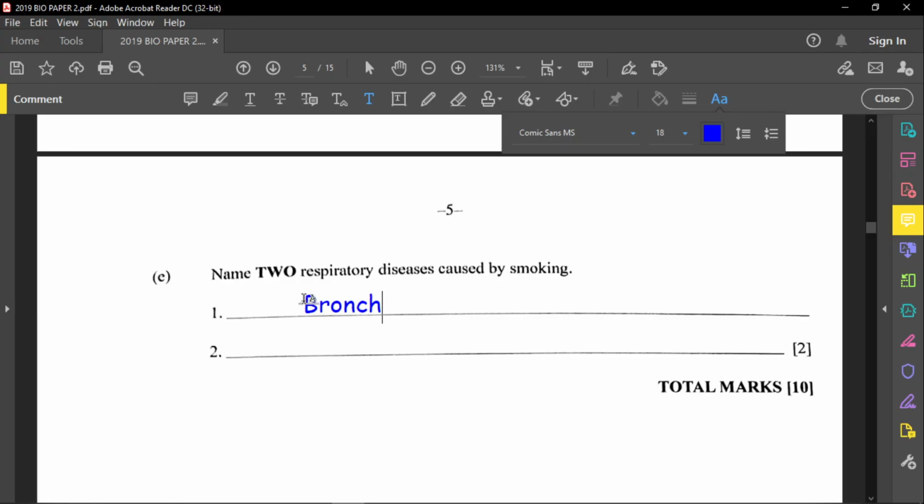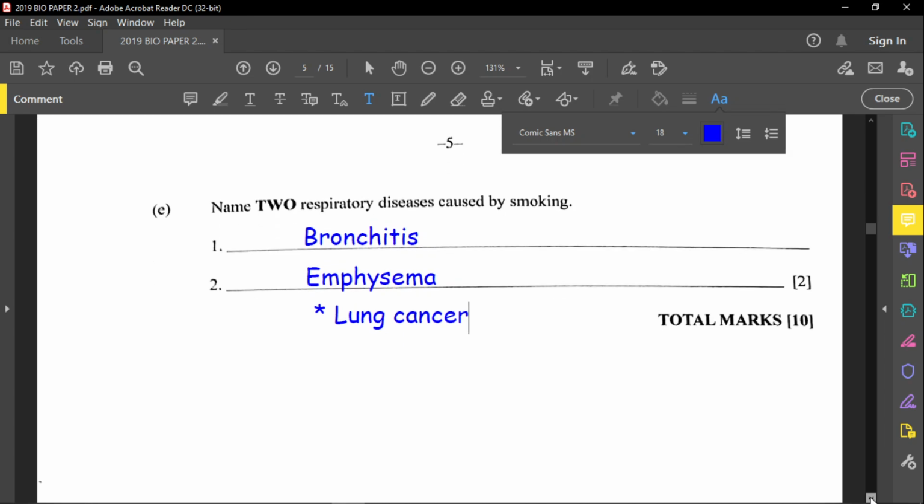And the other one is emphysema, E-M-P-H-Y-S-E-M-A. And just to make a note, this will not necessarily happen, but another possibility is lung cancer. We're not saying that smoking will always give lung cancer, but it's a possibility. So those are possible respiratory diseases that you can have from smoking.